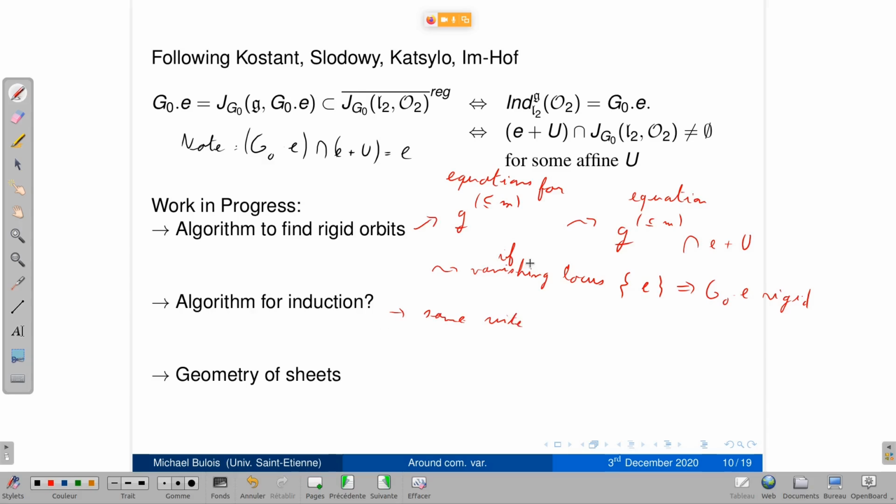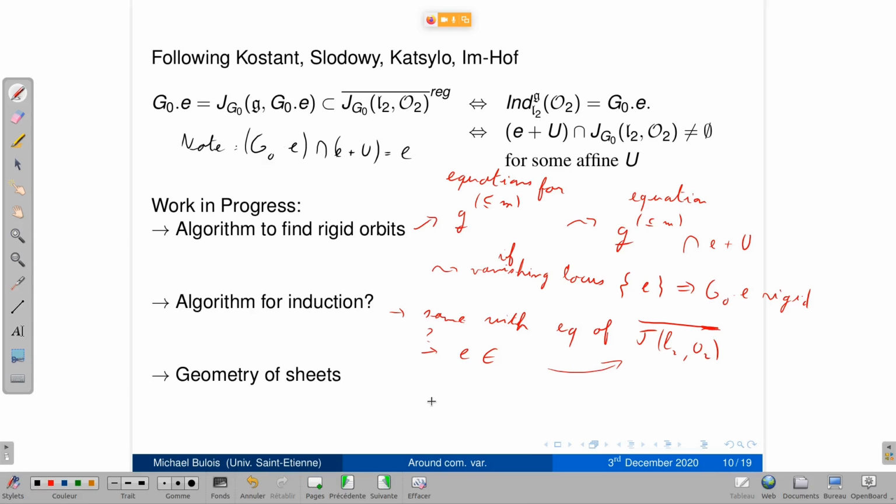We can also opt for an algorithm for induction, and for this you need the equations of, let's say, G·(L, O). If you have the equations for this variety, then you can do the same thing, and the question is whether E lies in the vanishing locus of this set of equations. It seems to be doable, but it requires yet too much computer time.